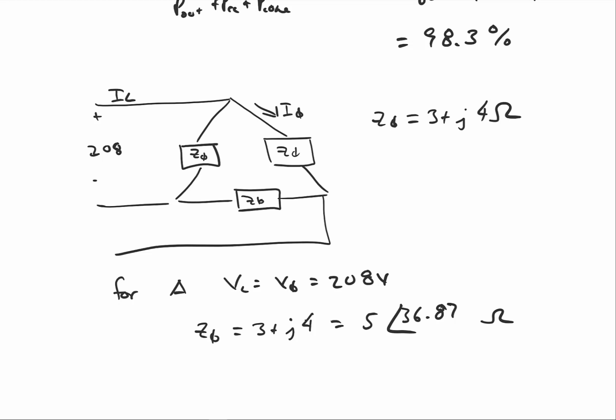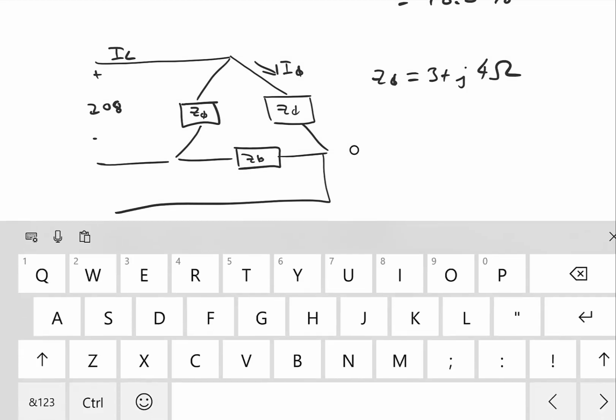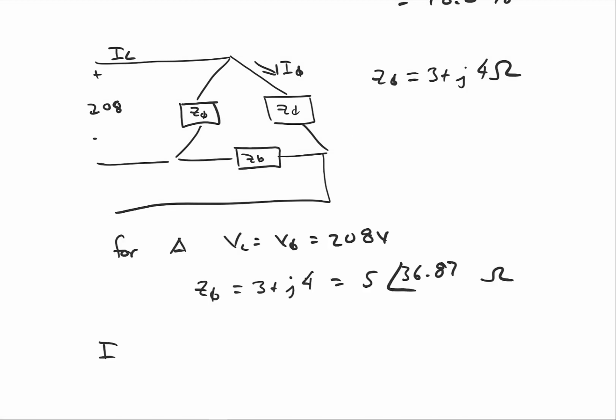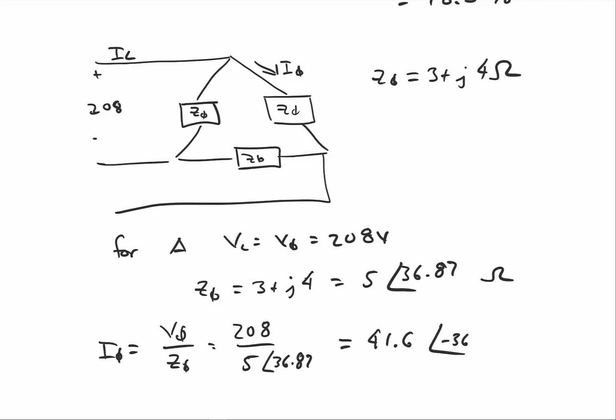Okay, so now we can compute I phase. I phase is equal to V phase over Z phase. So that's 208 divided by 5 at an angle of 36.87. So this turns out to be 41.6 amps at an angle of minus 36.87.